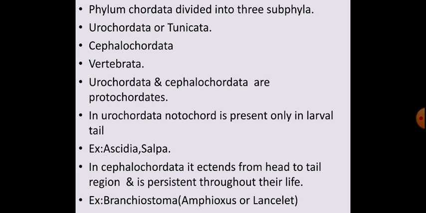Now, Urochordata and Cephalochordata are protochordates. In Urochordata, the notochord is present but only in the larval tail.